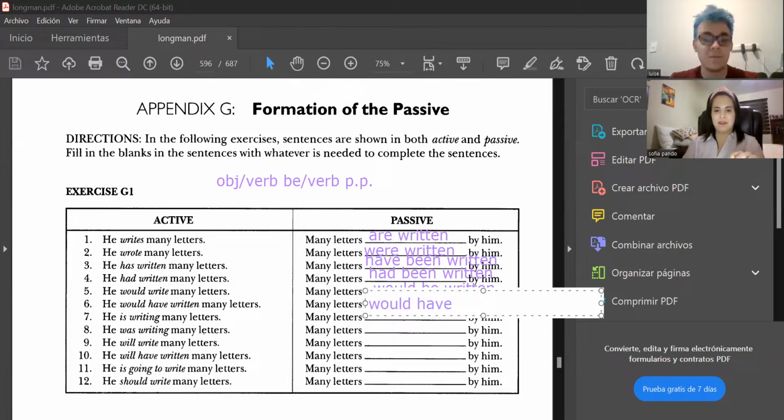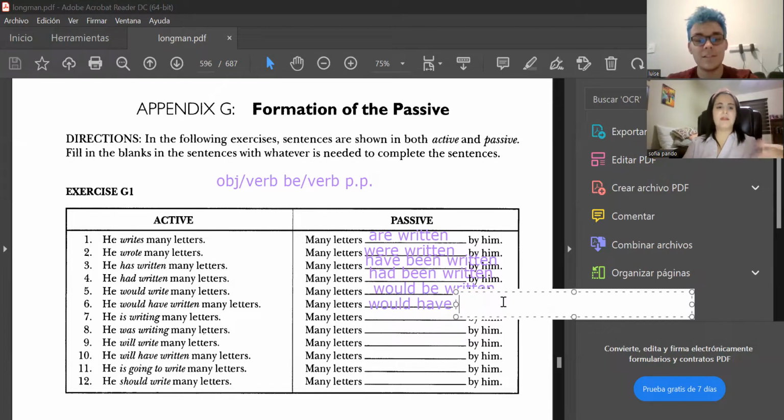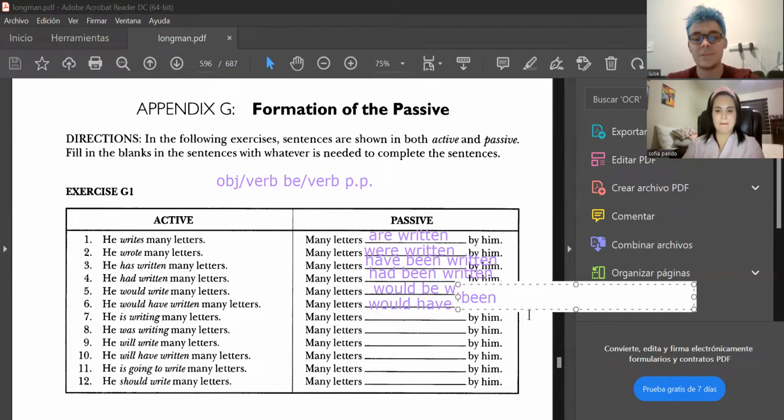He will have, have, right? Because these two auxiliaries are working together, so we have to keep it like that. And then when we add, of course, now we add the verb to be, which is been. And then the verb in past participle, which is written. There you go, my man.